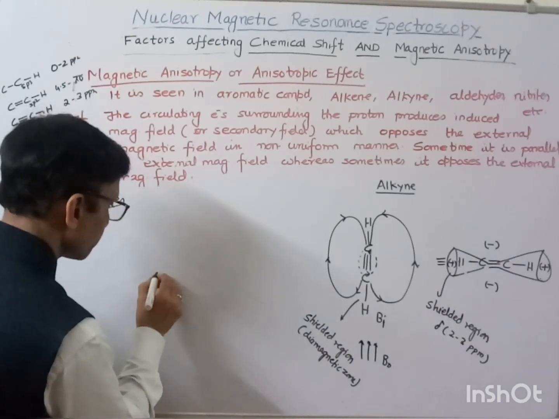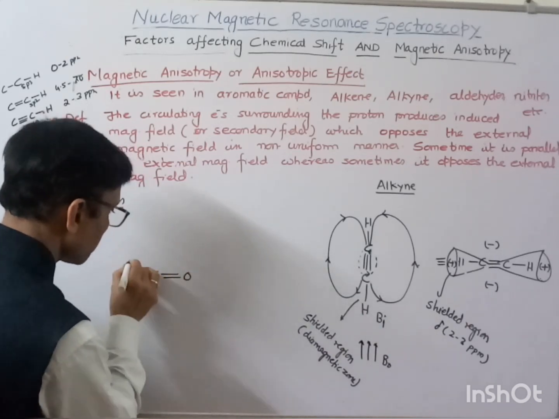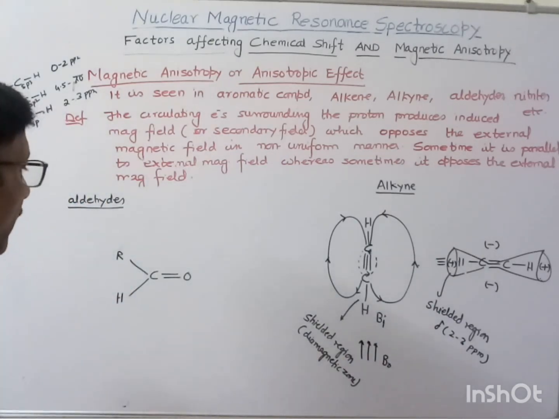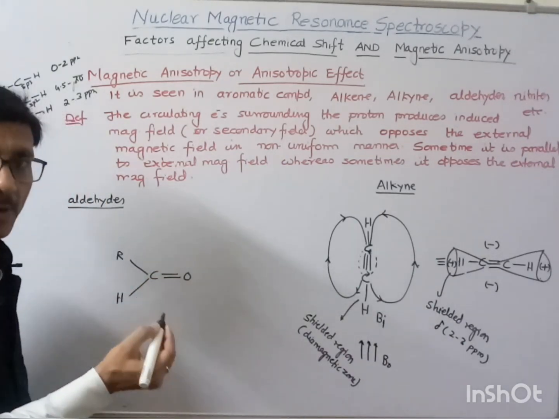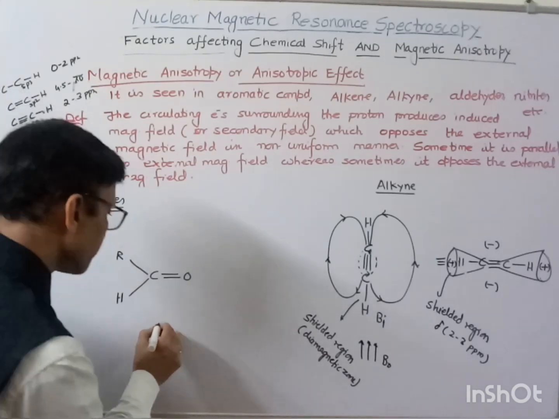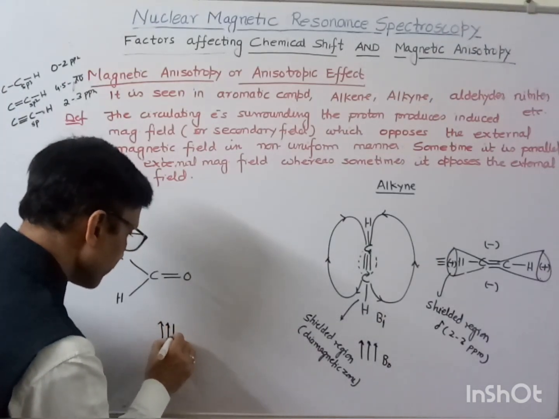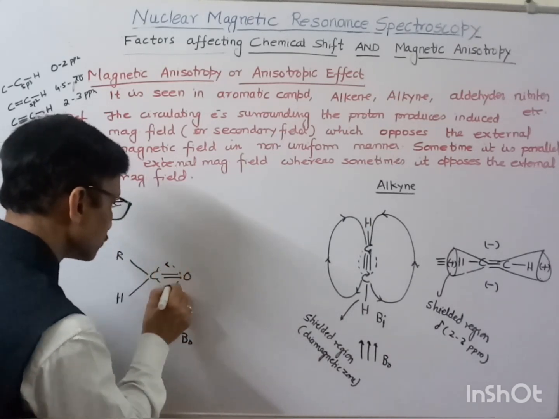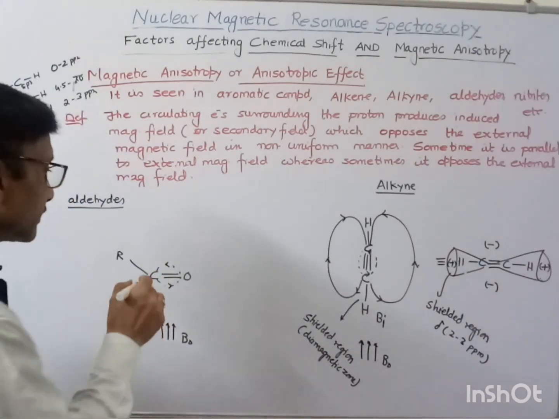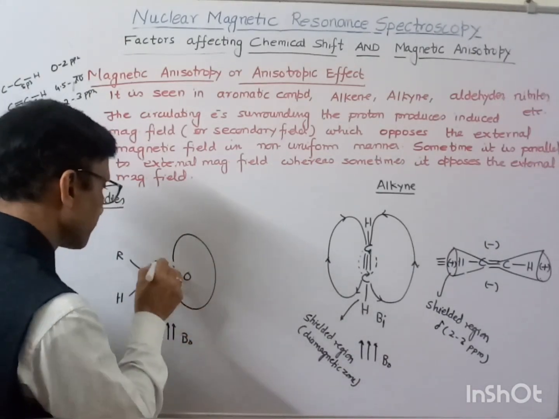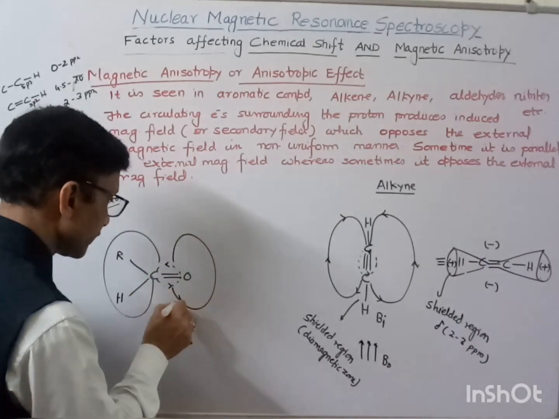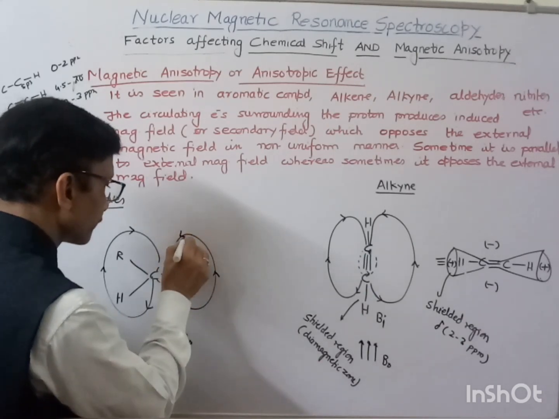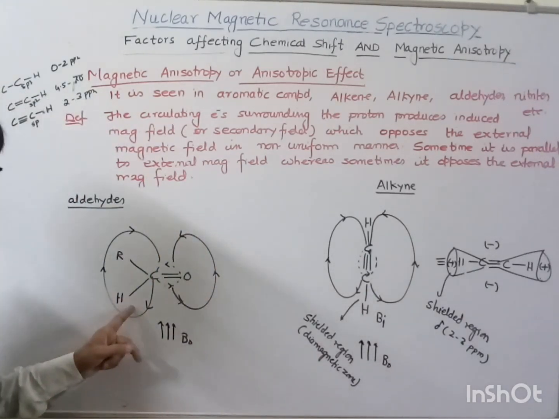Suppose this is your aldehyde, this is the aldehydic proton, and here this pi bond has loosely held electrons. In the presence of an external magnetic field, they will start circulating like this. There is circular motion of this electron, and this motion will create a secondary magnetic field like this.